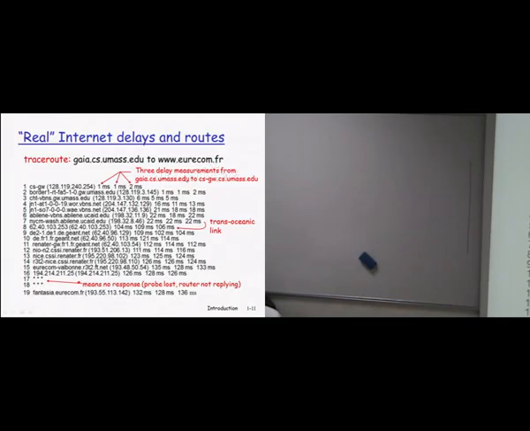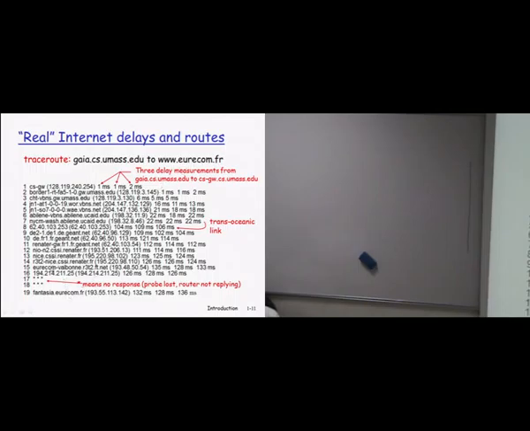Look here, it starts from here and goes till here, and these are the intermediate hops from where the packets are passing. On every intermediate node, it is probing 3 times to check the delays.